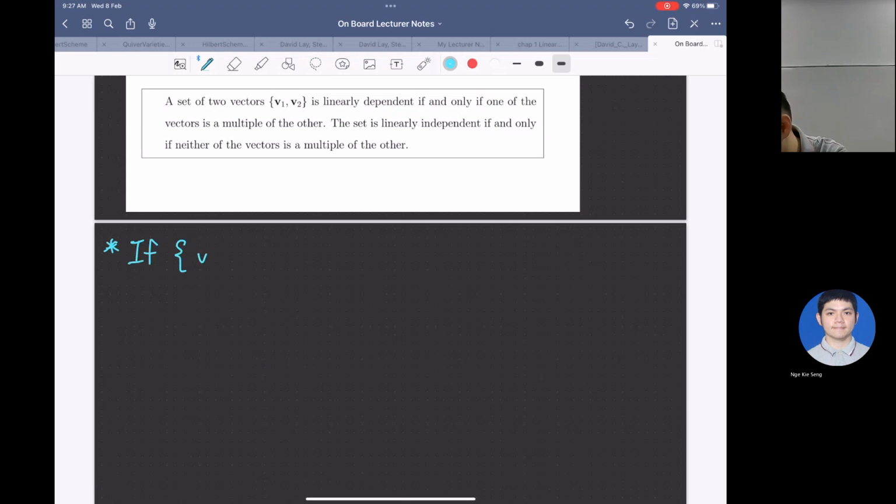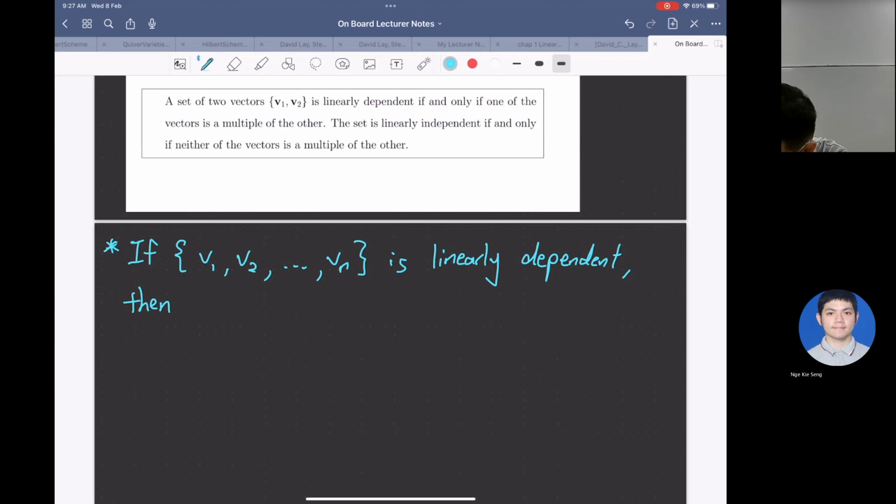If a set V1 to Vn is linearly dependent, then I can write, instead of putting so many things here, let me just do 3 variables, because this can extend to all the cases.